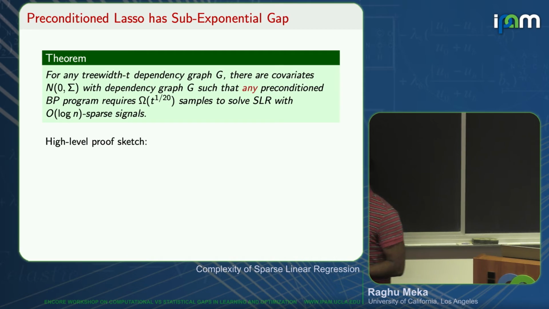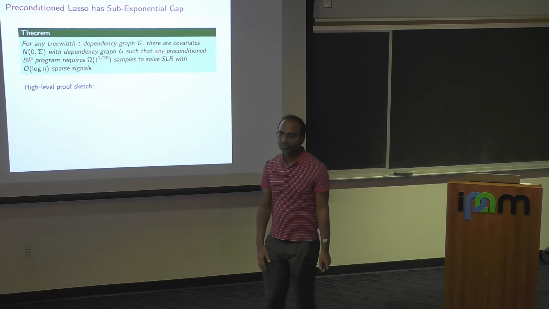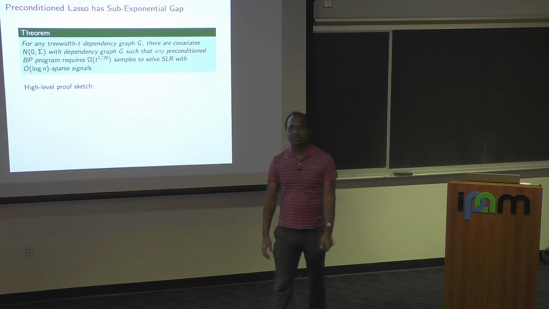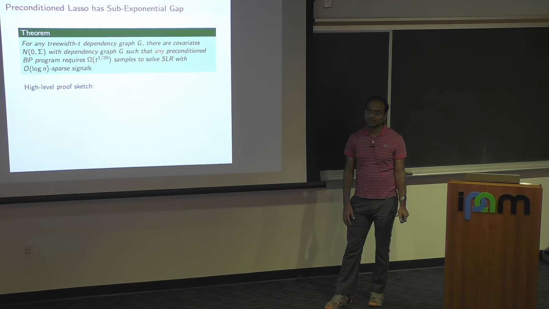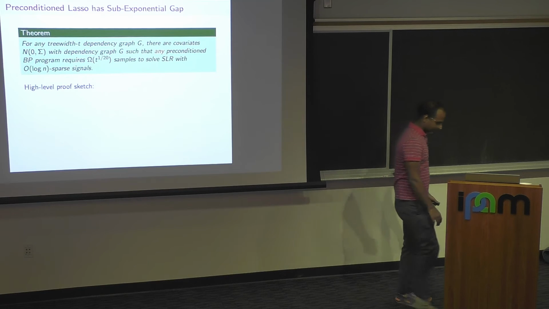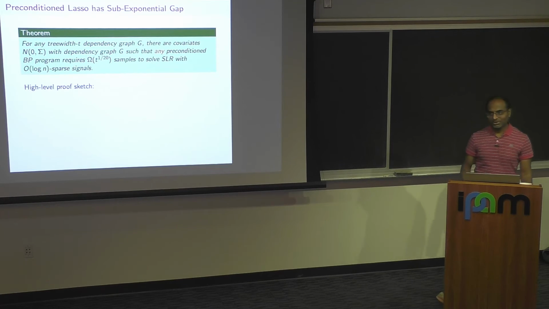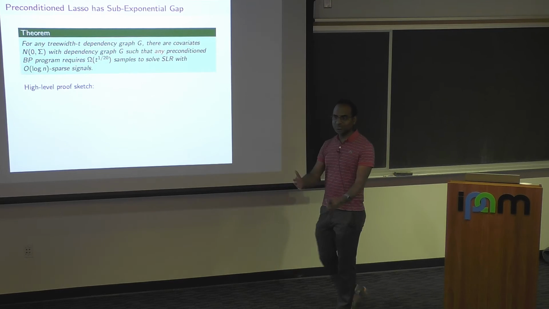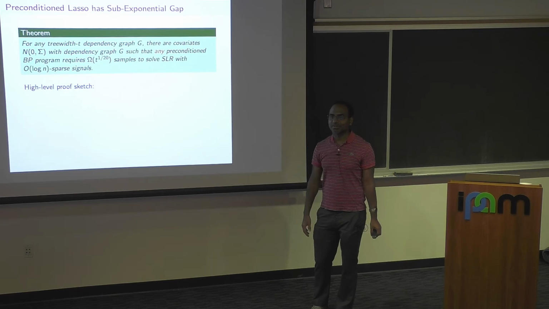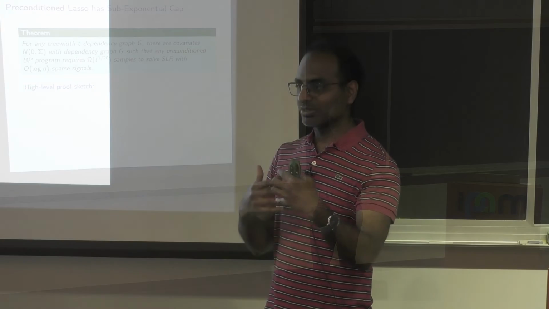Here you're not using anything other than the structure, but if I add some term that depends not just on the structure but on the values, taking it as a weighted graph instead? Yeah, that's a good question. It is plausible. GGMs are one such example, where you have additional information not just from the dependency graph but also from the weights, but we don't know how to use it.